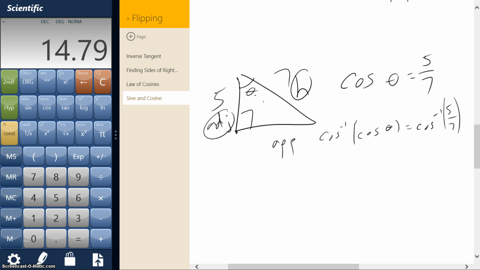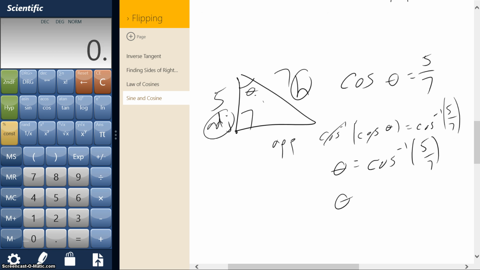And this will just give us, these will cancel each other out there. So we have theta is equal to the inverse cosine of 5 over 7, which we can plug into our calculator over here.